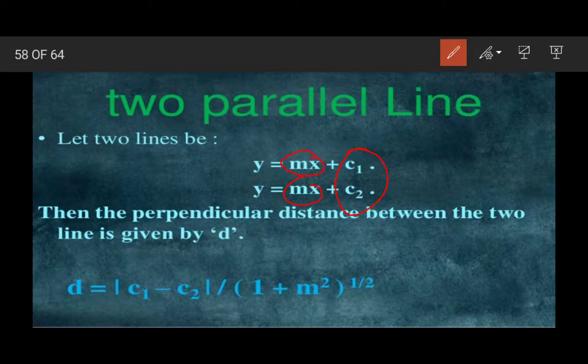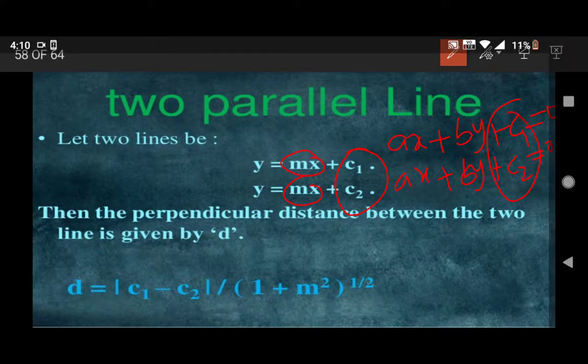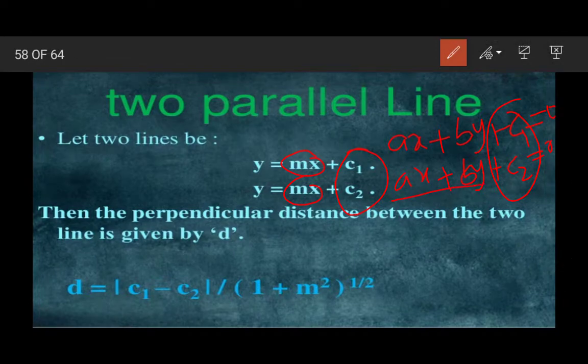The remaining part, the equation of the first line is Ax plus By plus C1 is equal to 0, and the equation for the second line is Ax plus By plus C2 is equal to 0. So only the constant part is different and the remaining part is exactly the same because the lines are parallel to each other.